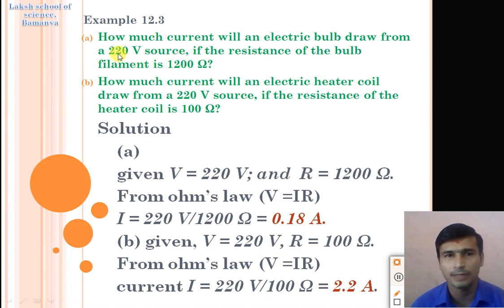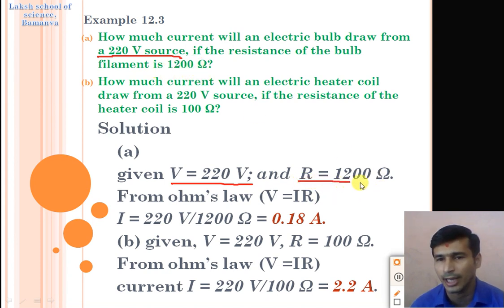The potential difference is 220 volt, so V is equal to 220 volt. The resistance of the bulb filament R is 1200 ohm.